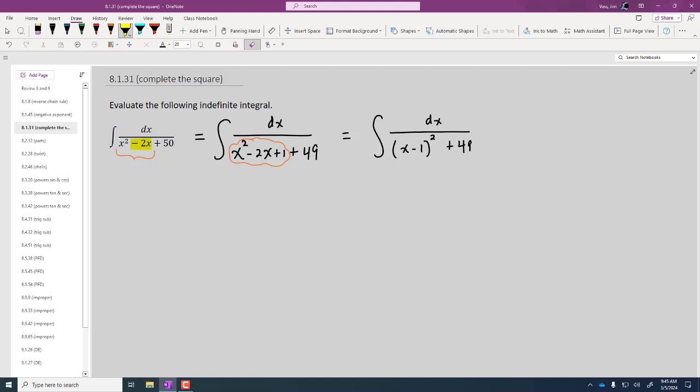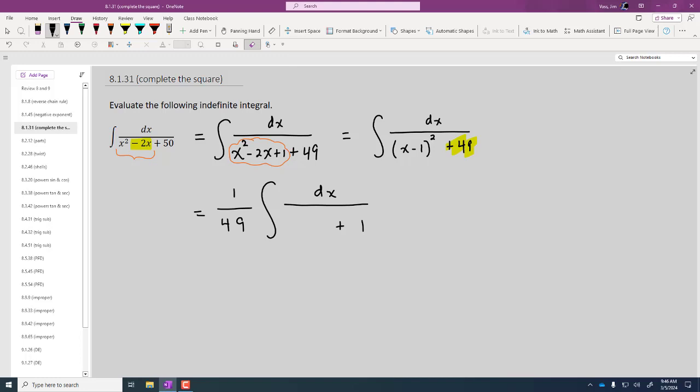We want our constant to be 1, because it makes for less memorization in the long run. So we're going to factor out that 49 to create a constant of 1, and that 49 is coming out in the denominator.